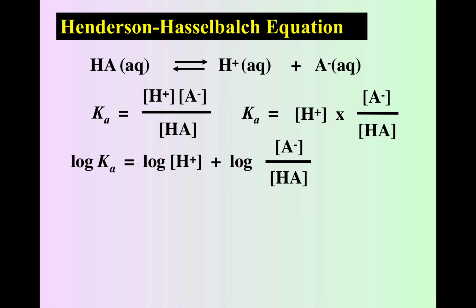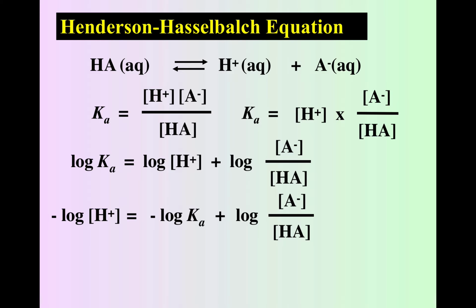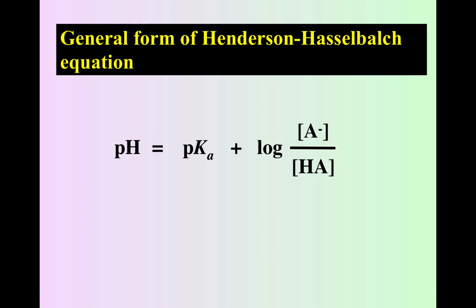The log of Ka is equal to the log of H plus, plus the log of the ratio of the conjugate base to the weak acid. If I subtract the log of H plus from both sides and subtract the log of Ka from both sides, I rearrange it this way. The negative log of the H plus concentration is equal to the pH, and the negative log of the Ka is equal to the pKa. So this is the Henderson-Hasselbalch equation.